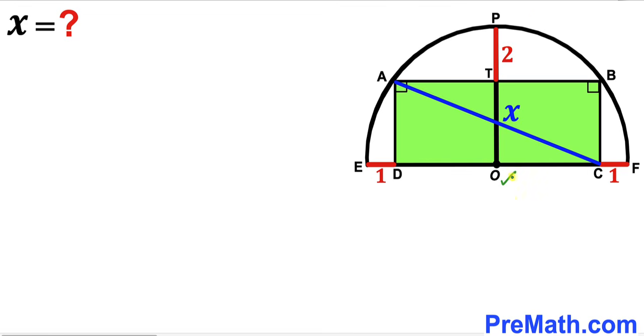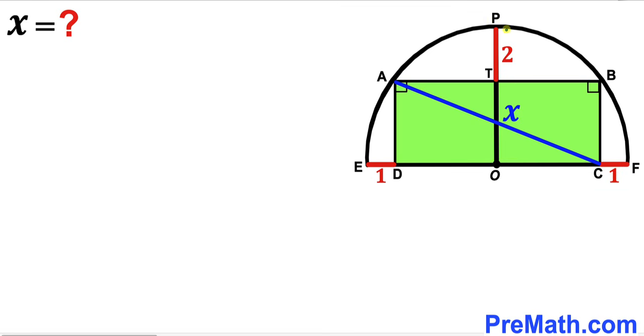In this video, we have this green shaded rectangle ABCD fully inscribed in a semicircle with the center O, as you can see in this given diagram, such that EF is the diameter of this semicircle. Moreover, this horizontal segment ED is 1 unit, and likewise this horizontal segment CF is 1 unit as well.